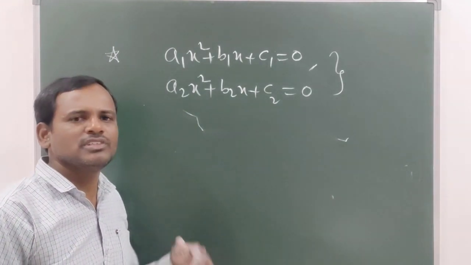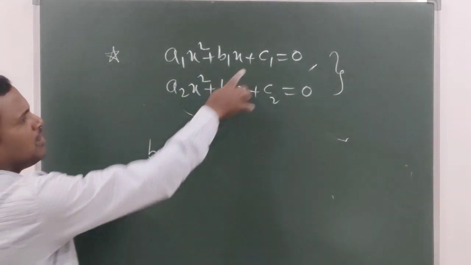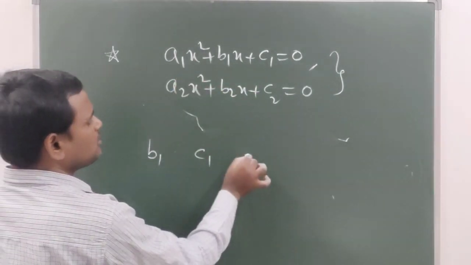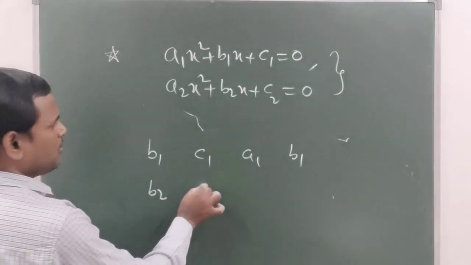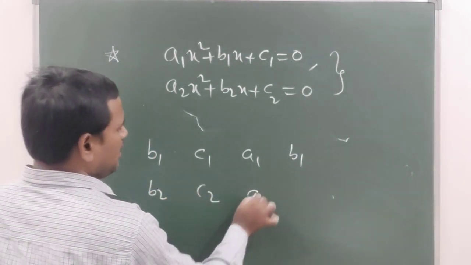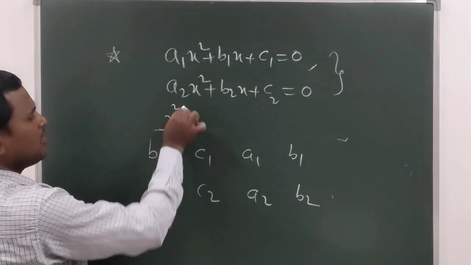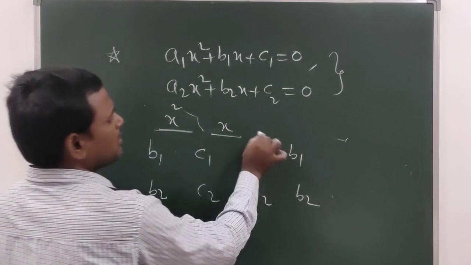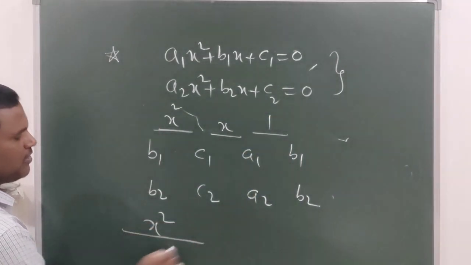Now write first b1, c1, a1, b1, and here b2, c2, a2, b2. Now here write x², here x, here 1. Now you know how to solve hereafter.